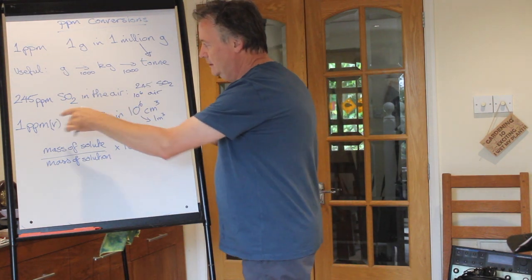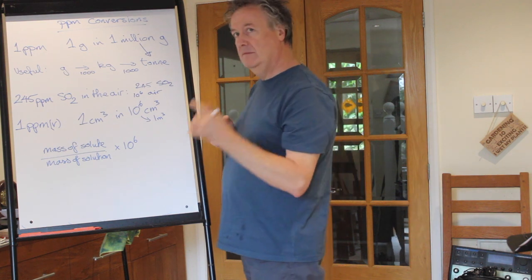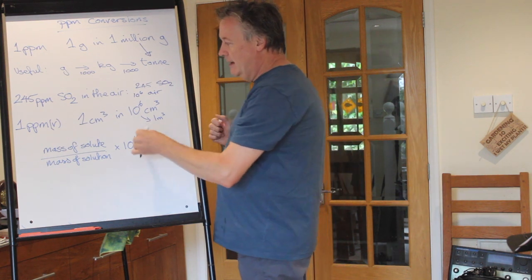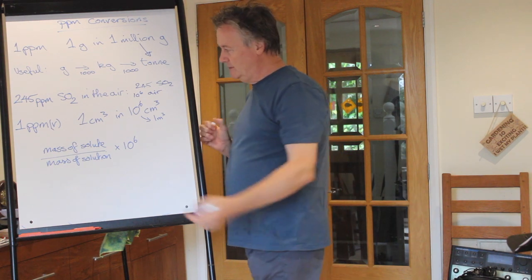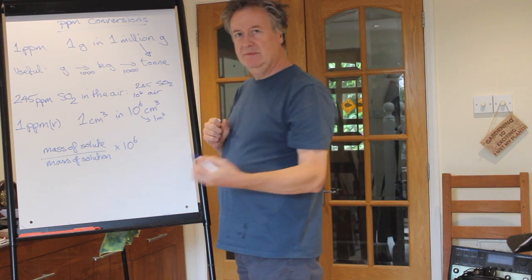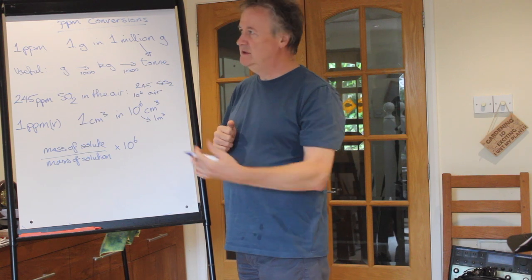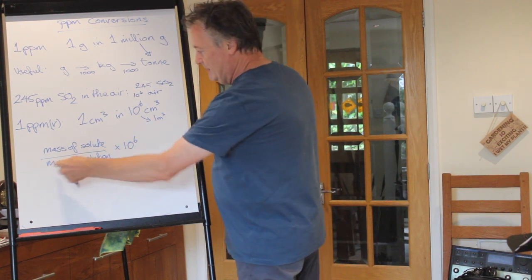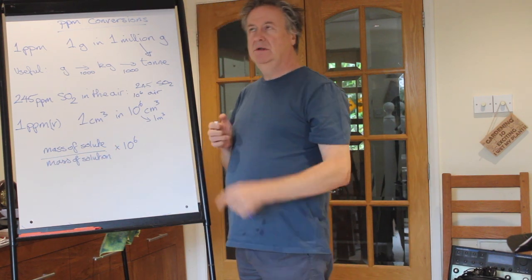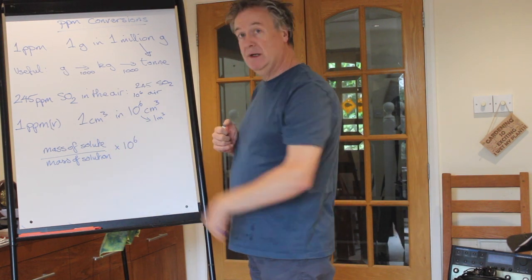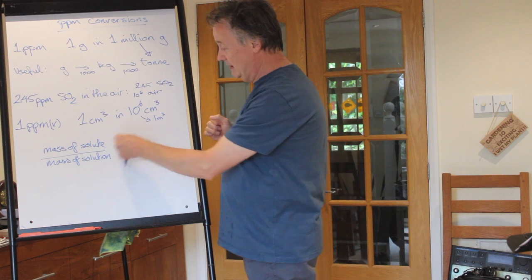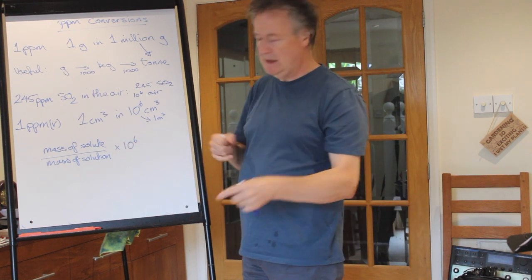That'll be 1 part per million using volume. Now this is the usual calculation that you end up doing. Mass of solute, the mass of the substance that's dissolved that there's not very much of, over mass of the solution, of which there'll be much more, as a fraction, and then multiply it by the parts per million factor, which is 10 to the 6, which is 1 million.